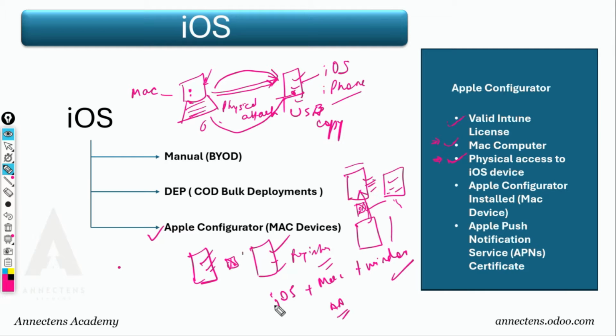We have very dedicated sessions for all these: iOS, Mac plus Windows, and Android, a full session on how to set each of these up. So do not worry. I'm just telling you the enrollment process, what sorts of enrollments there are, and what you should do in your environment.